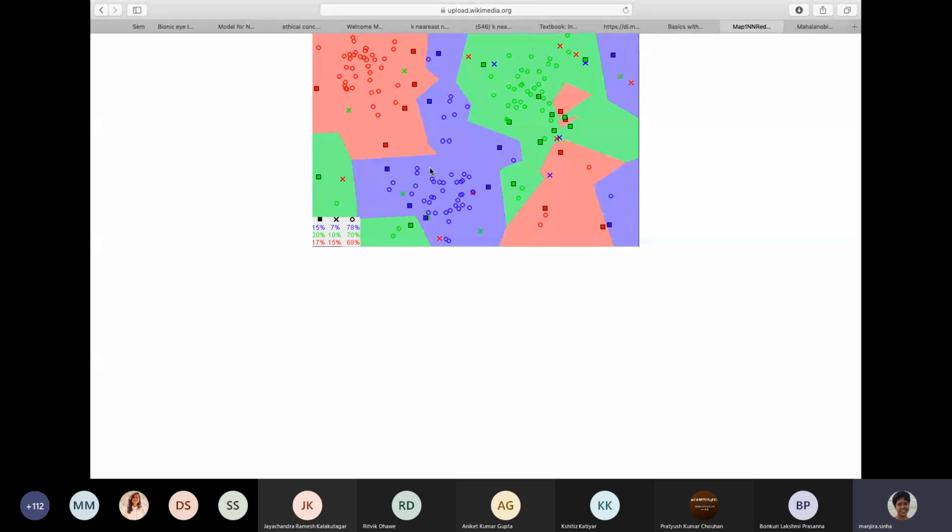So generally we keep k at an odd value, so that in case of mode calculation we have a tiebreaker. Generally it is kept at something like 3, 5 or 7.